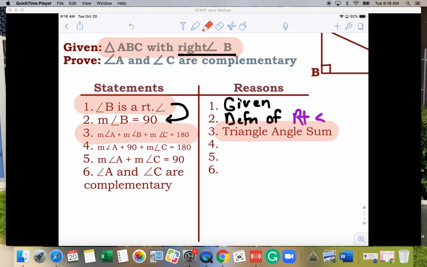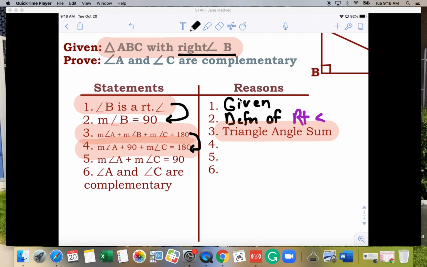Number 4 says the measure of angle A plus 90 plus the measure of angle C equals 180 degrees. You're going to notice that that is not in the given. So I'm going to take a look at number 3 and ask, what did I do to number 3 to get number 4?